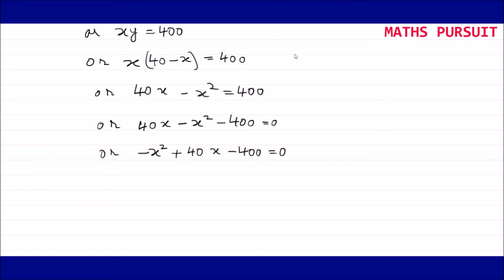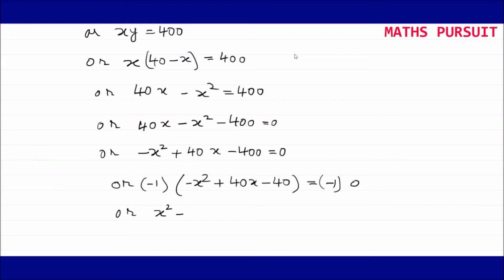So in order to make this positive, let us multiply both sides of the equation by -1. -1 into minus x to the power 2 plus 40x minus 400 is equal to -1 into 0. -1 into minus x to the power 2 becomes plus x to the power 2, then -1 into 40x is minus 40x, and -1 into minus 400 becomes plus 400, is equal to 0.